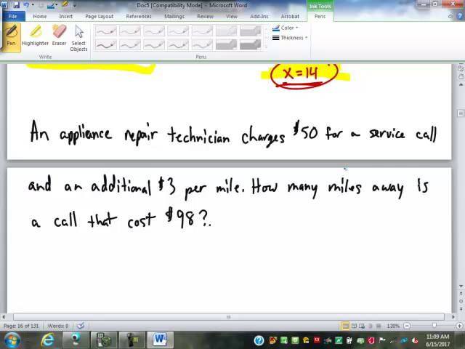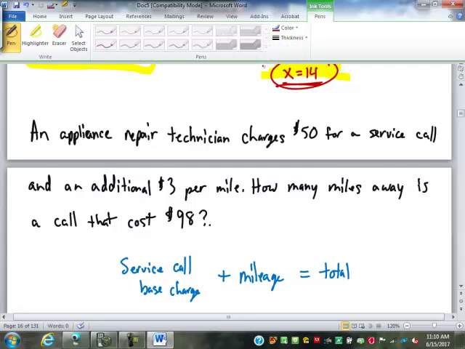You might look at this and choose different words. We might have the service call base charge, or however you want to call it, plus mileage, or however you want to talk about that, equals the total charge.